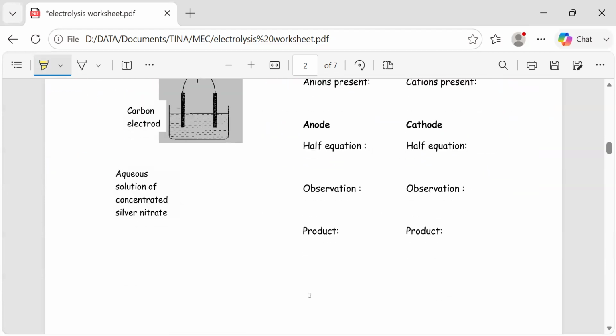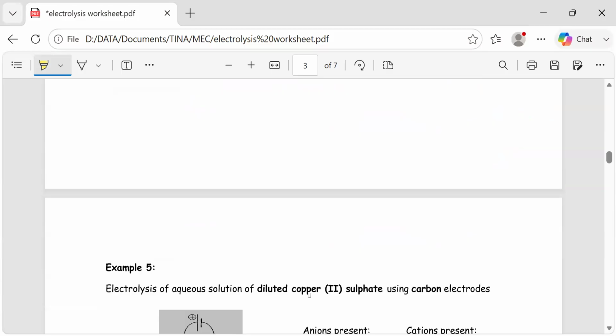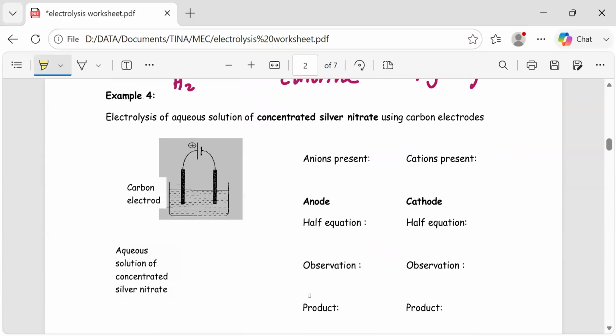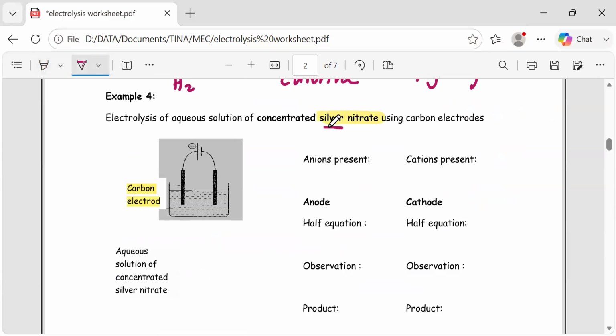So silver nitrate is special. What is special about silver nitrate? It doesn't matter whether it's concentrated or diluted. What is special is silver. Silver nitrate, this is still carbon electrodes. The silver ion is unreactive, a transition metal.